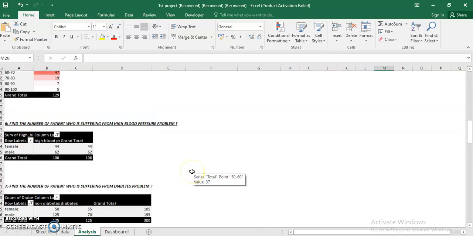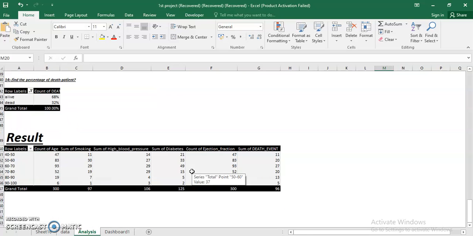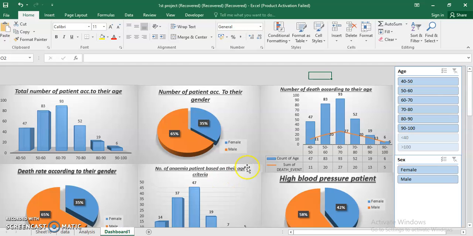This is my analysis part. After those 14 questions, I have also put what I have found in this analysis part.